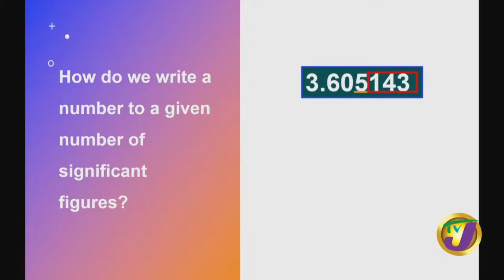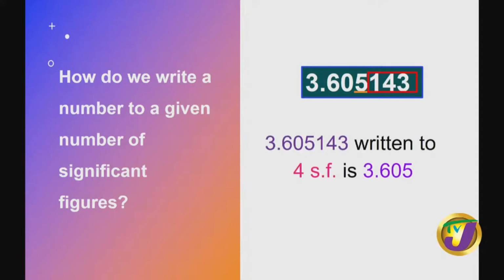I'm looking at my digits to the right of that place to figure out which number is closest. So 3.605143 written to four significant figures is 3.605. In this case, the 0 is significant because it's between two non-zero digits. That is correct.